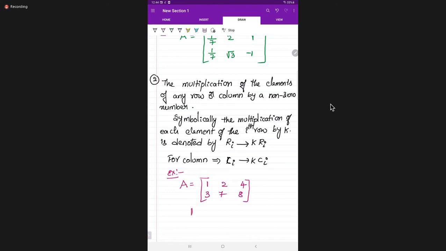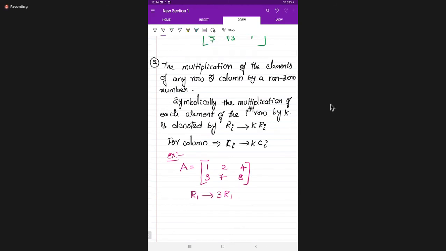Students, in the first row, I want to multiply with 3. Each and every element of the first row is multiplied with 3. How can you write that? R1 tends to 3R1.